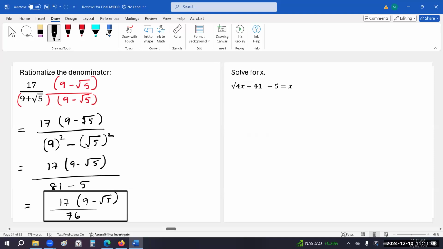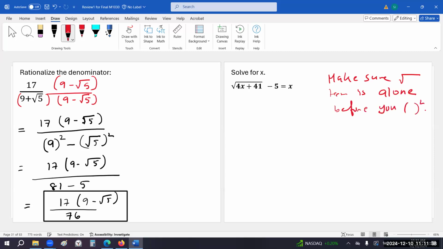Okay, solving radical equation. What do we do? We want to make sure the square root term is alone before you square.